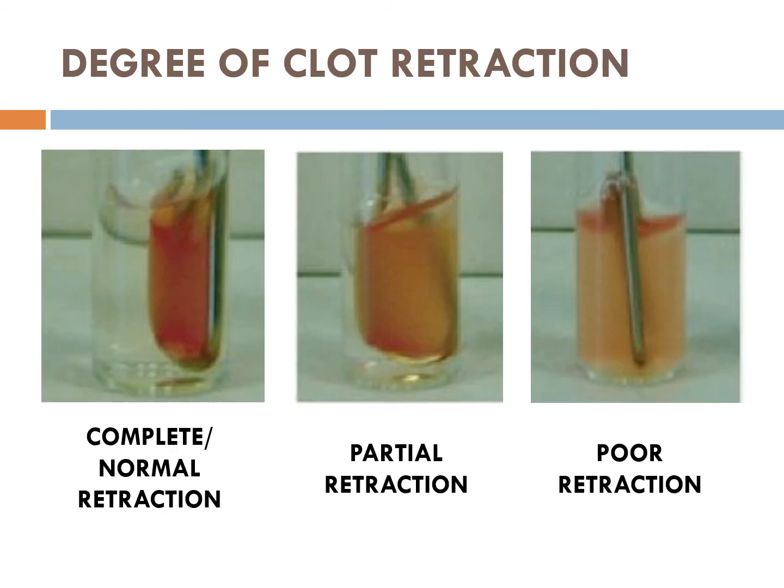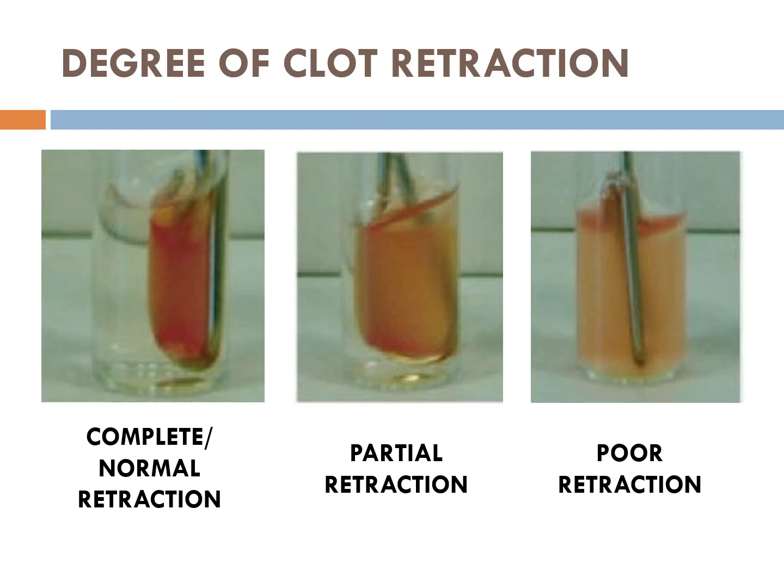For the degree of clot retraction, this is how you are going to assess the appearance of your clot inside the tube. If you notice that the clot has already reduced its size and detaches from the walls of the test tube, then it is described as complete or normal retraction.